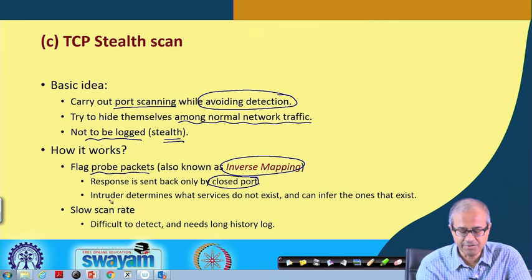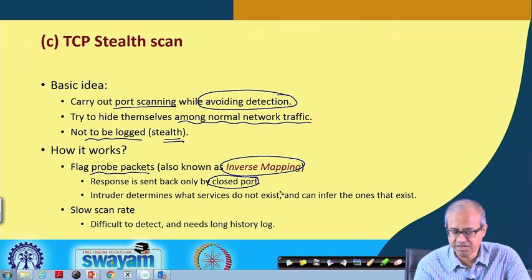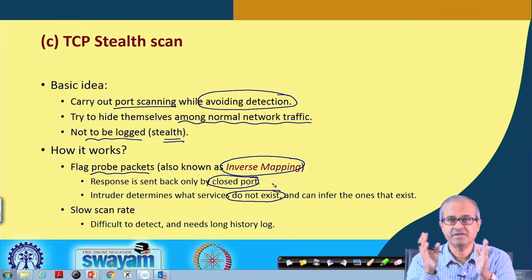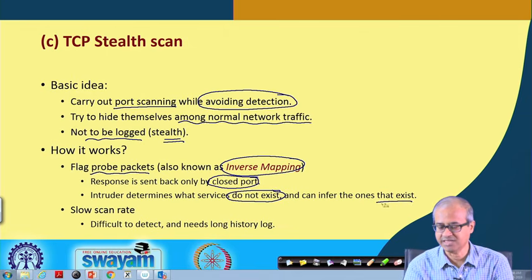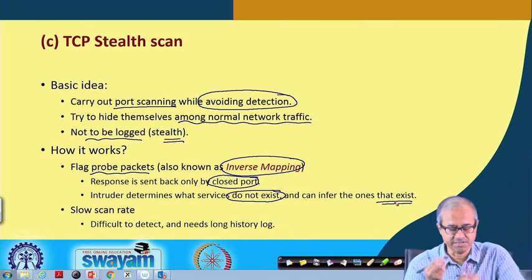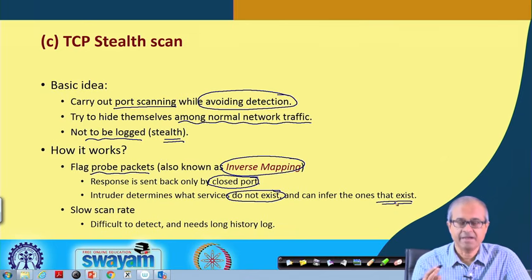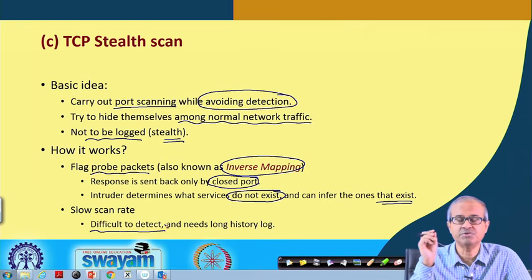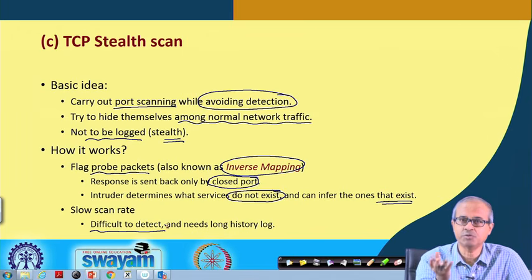So, the intruder determines what services do not exist. Then if you take them out, you will know what services are actually running, the ones that exist. This is difficult to detect because you are not looking for hosts which are up or ports which are open, but the other way around, you are looking for ports which are closed.